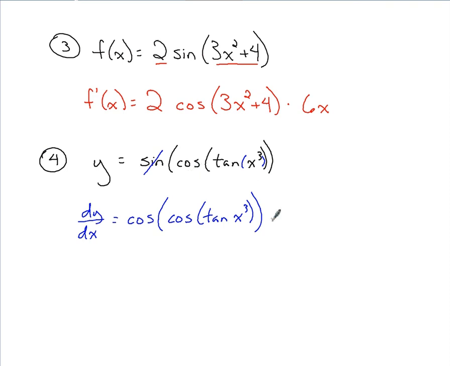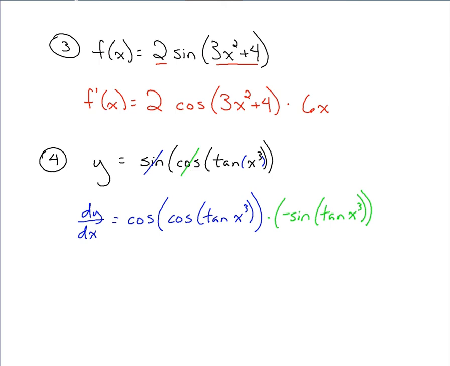So derivative of cosine is negative sine. That's the outermost function with regards to this function here, meaning everything that was plugged in, the tangent of x cubed, that needs to remain the same down here. So now I've taken derivative with regards to that cosine. I can check it off the list.